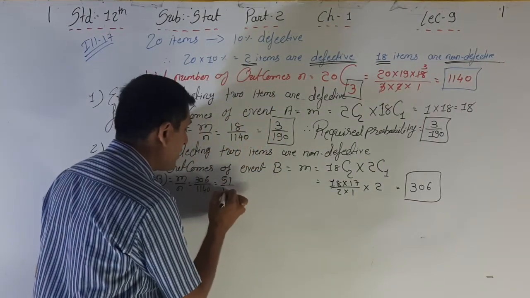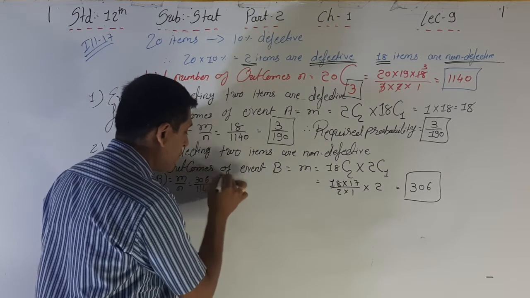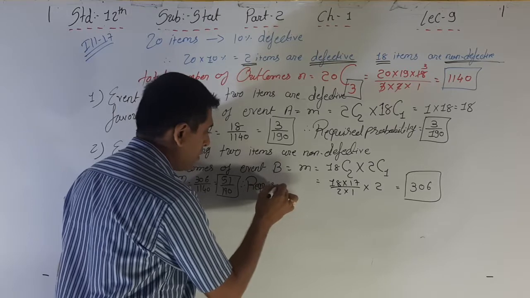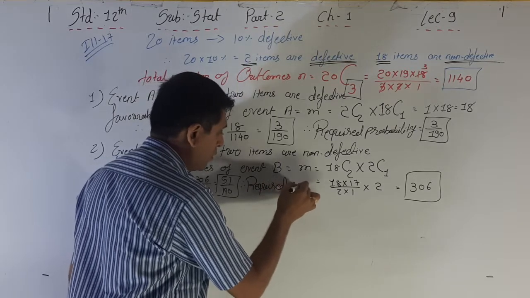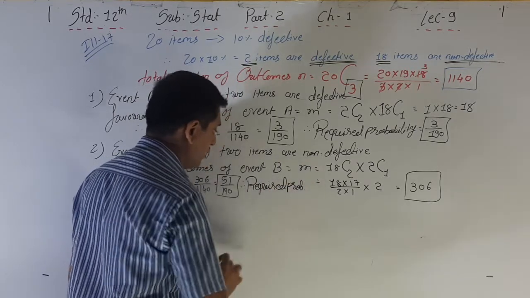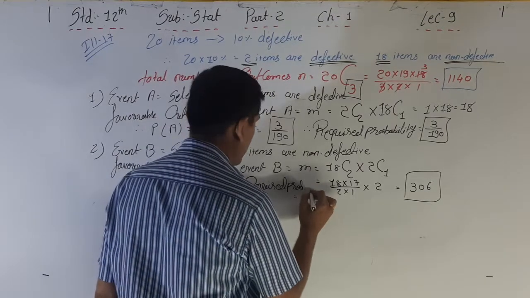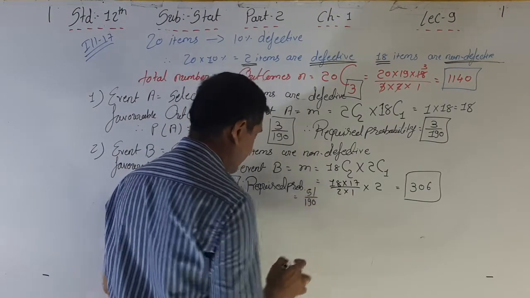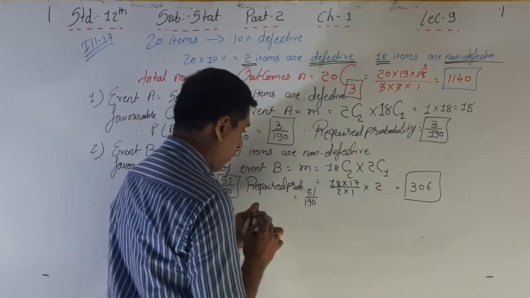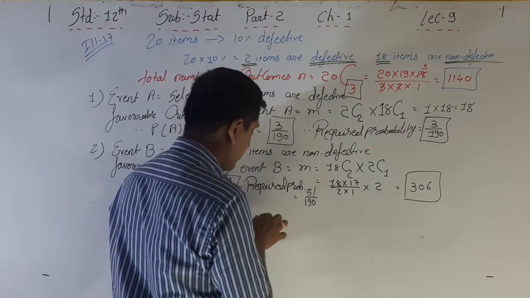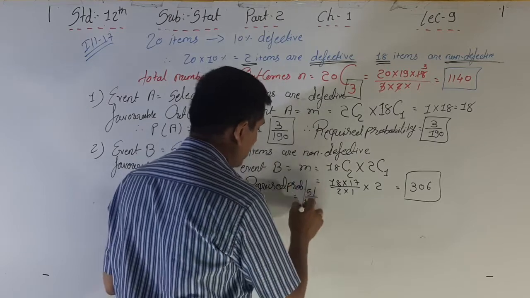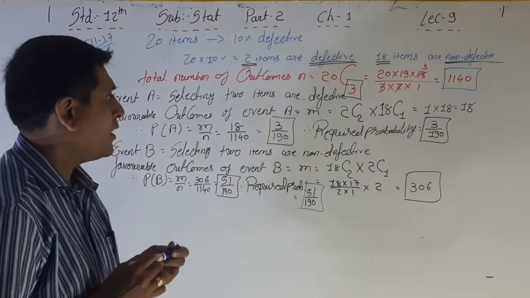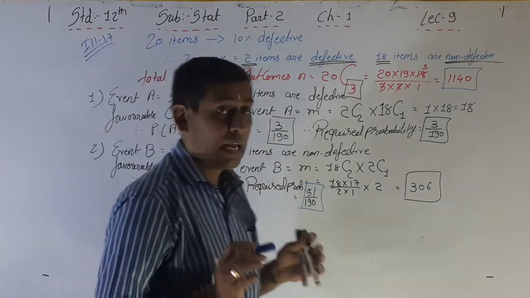Required probability is equal to 51 by 190.